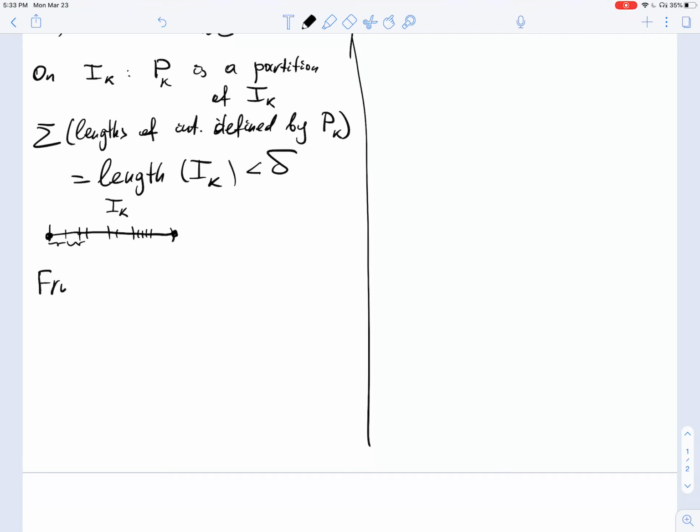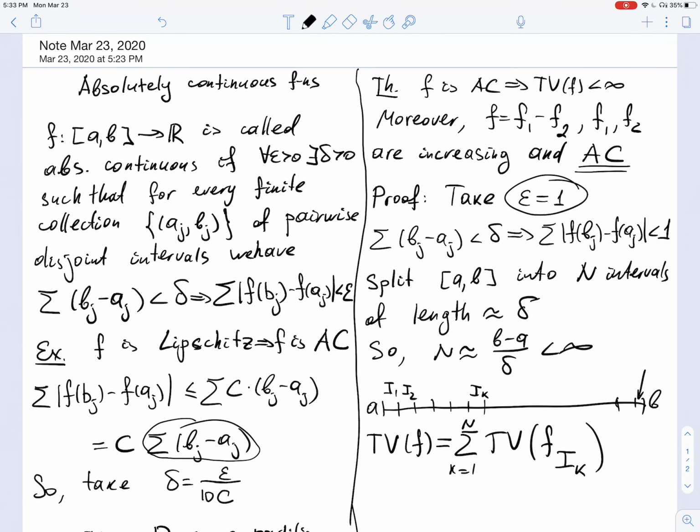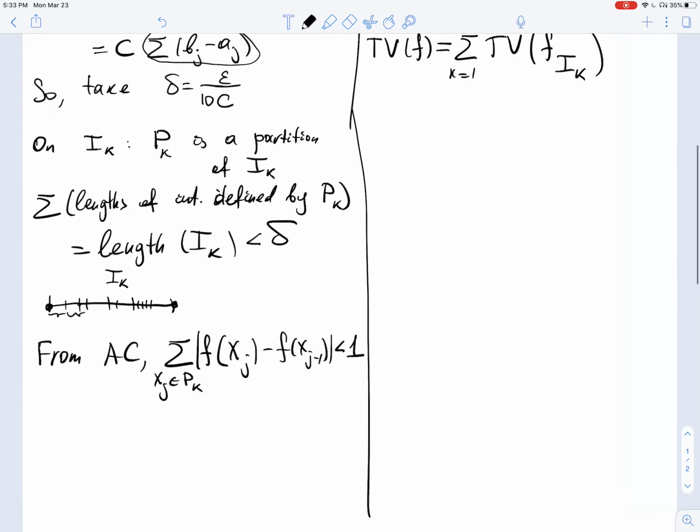So this means that from absolute continuity, the sum of the differences of the values of f, where the xj's are in this partition, is less than epsilon, and epsilon is 1. Okay, I'll scroll up. Here is my epsilon. It's equal to 1.